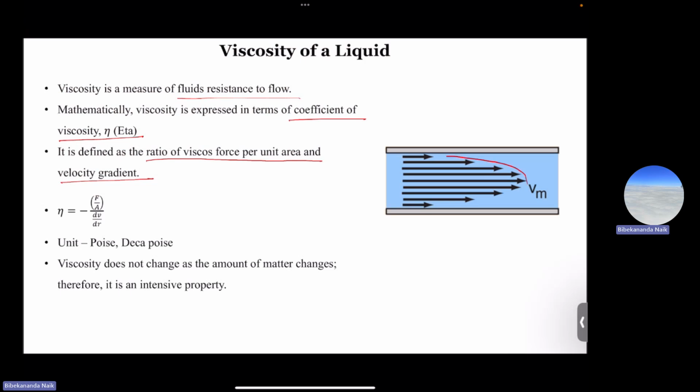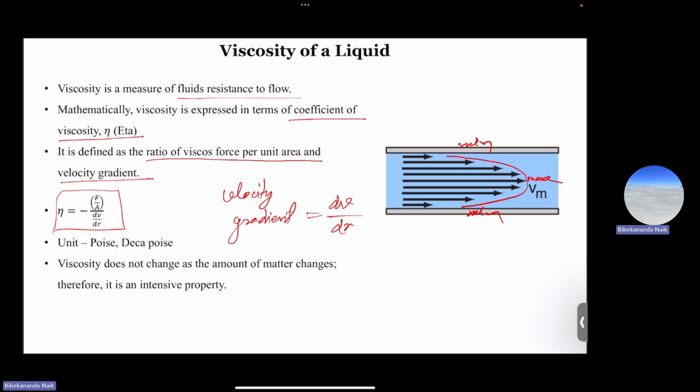So this is the profile of the velocity: maximum at the center, minimum at the periphery. So there is a velocity gradient, and the velocity gradient is defined as dv by dr.